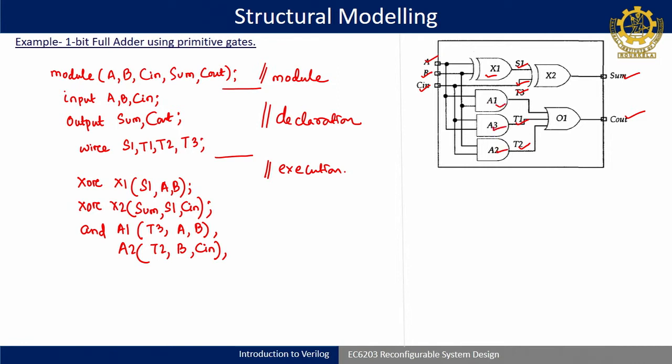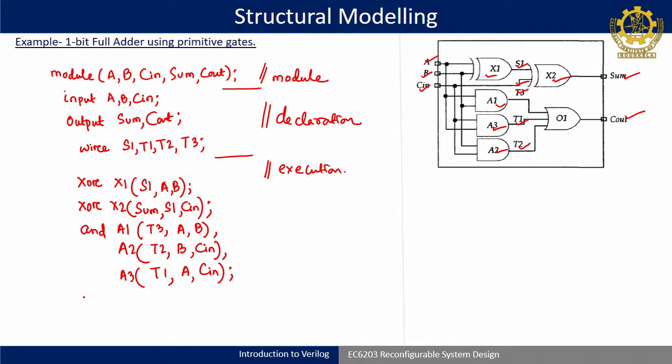Now for A3, write down A3, output is T1, and the other inputs are A and C in, then semicolon, end. So now these 4 I have called, along with XOR also I have called, rest I left out with the OR gate.